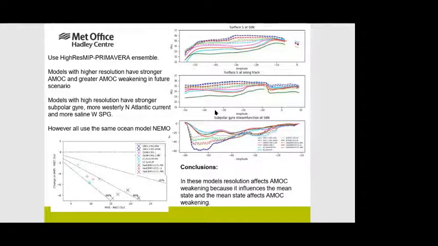I had a question about the increased weakening in the higher resolution AMOC. Does that increased weakening have large impacts on other aspects of the climate system response? You could imagine downstream over Europe a bigger response. Yeah, I think that's an interesting question and something it would be good to look at.